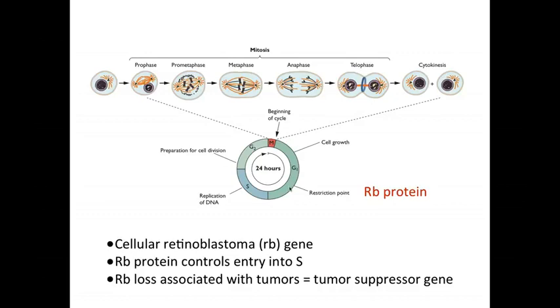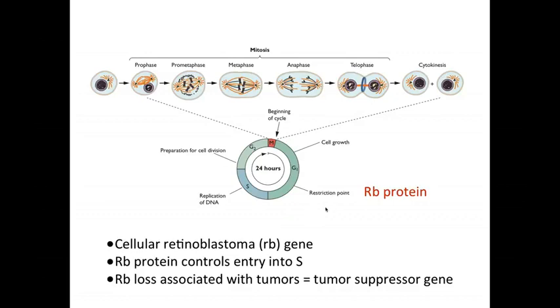The restriction point is a point where the decision to go from cell growth into DNA replication is made. And there are cell proteins that are called checkpoint proteins, which monitor this transition. And they make sure that everything is right before a cell goes into the S phase, and they make sure cells don't divide when they don't have to be dividing.